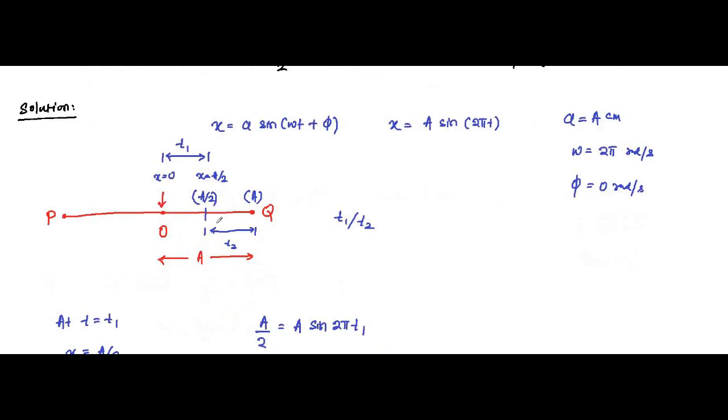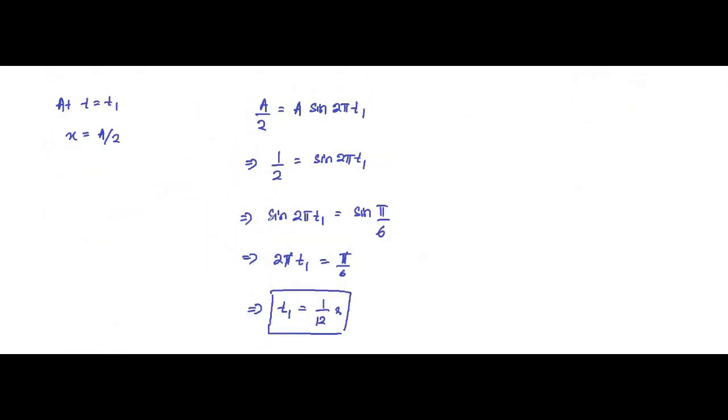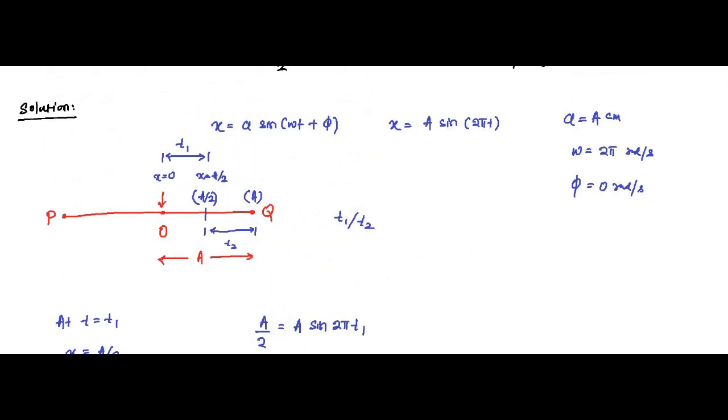Now the remaining, we will calculate it indirectly. Let's say to travel from x is equal to 0 to x is equal to A, the entire right half up to the right extreme, let the total time taken be t subscript t.